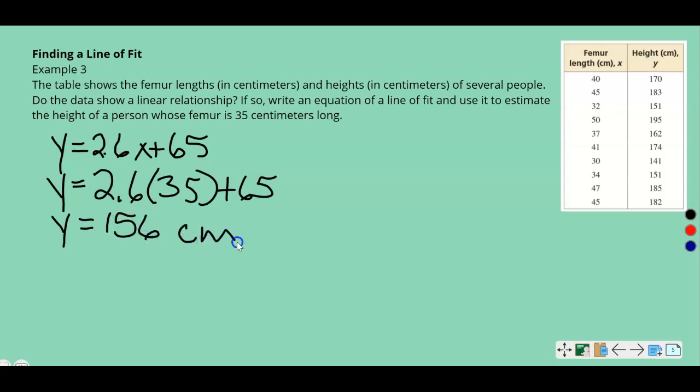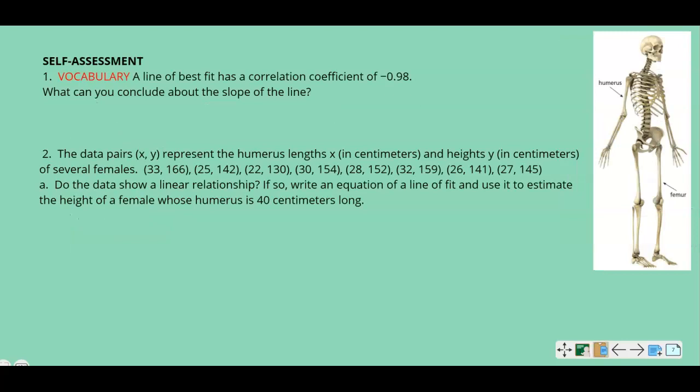So that would be in centimeters. You can see the y value is the height of the person. So the approximate height of the person whose femur is 35 centimeters long would be 156 centimeters.